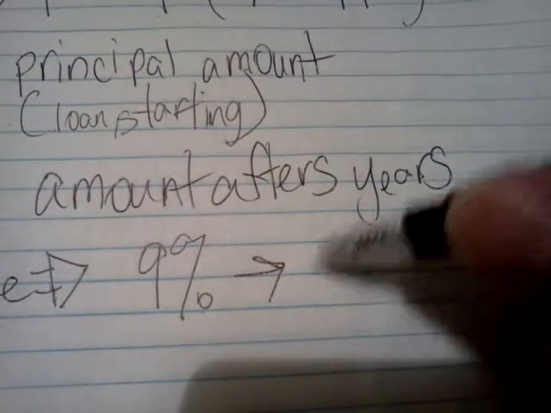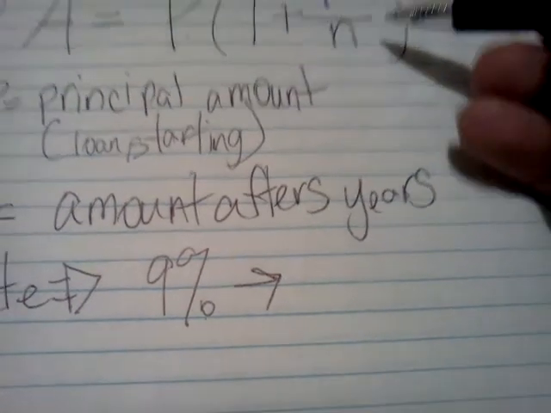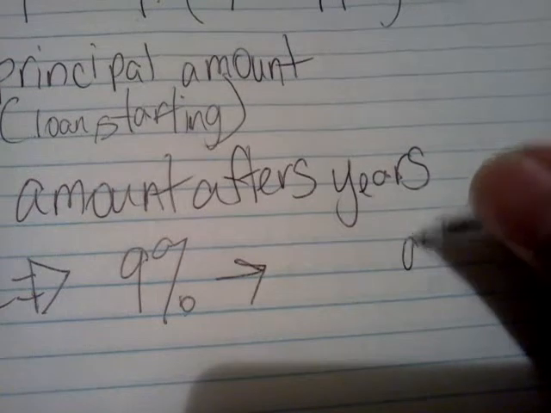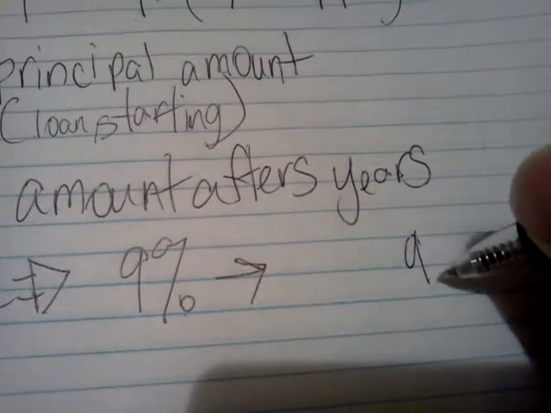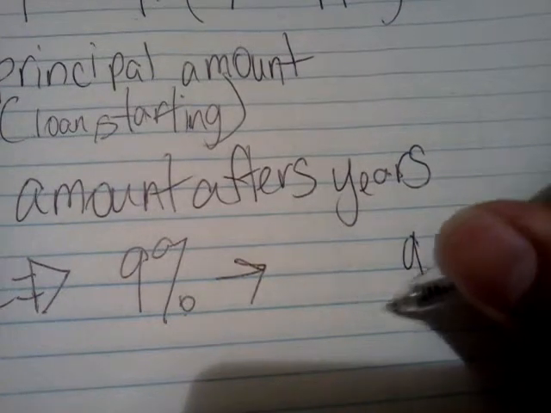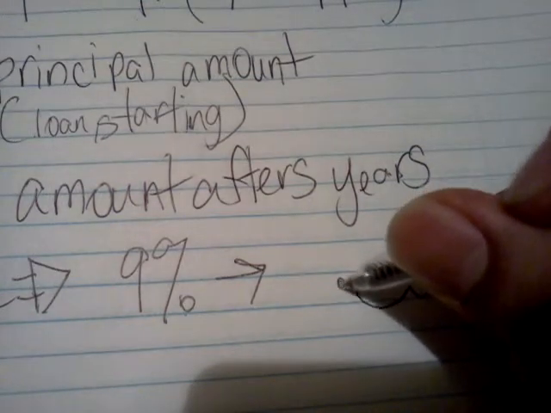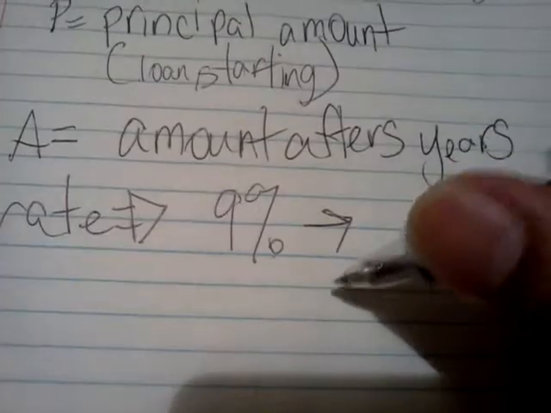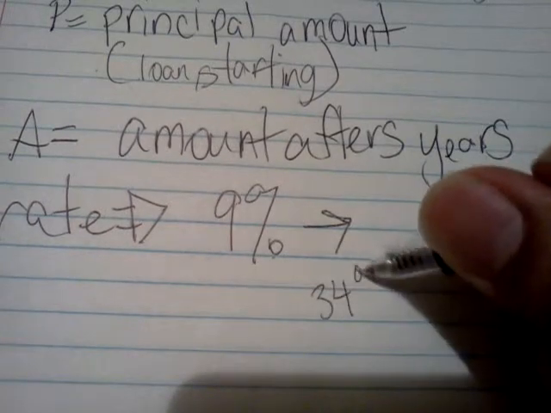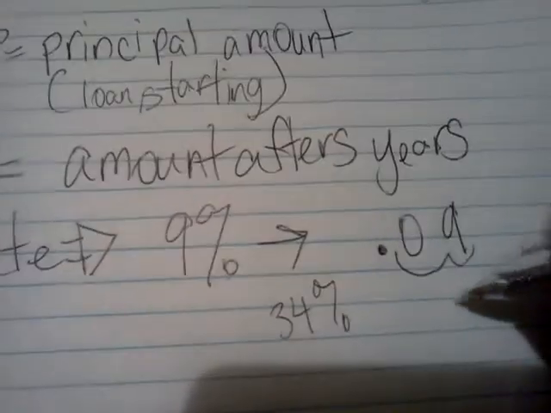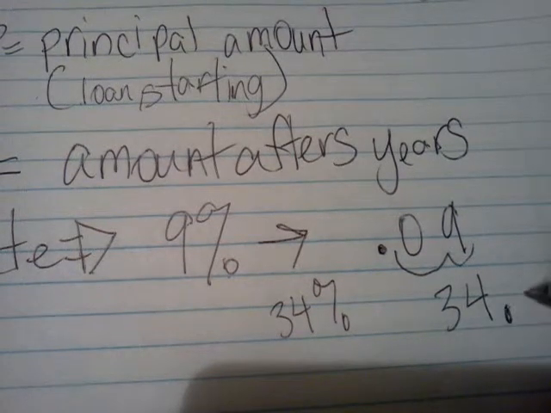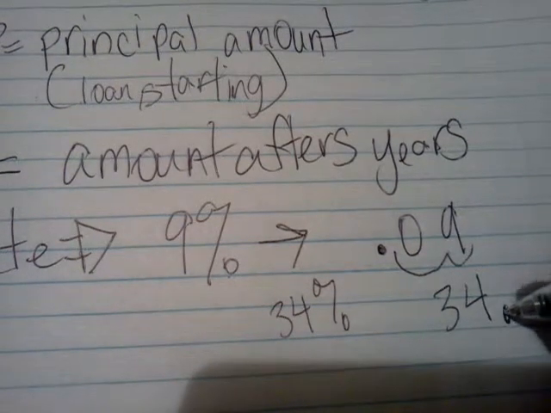the way we want rate to go into this formula is like this. So we have a 9. You have to move it over 2 decimal places. So that's 1, 2. So right here we just fill in a 0. So if they said our rate was 34%, that would be 0.34.